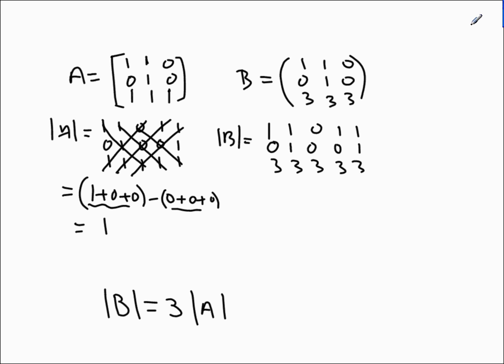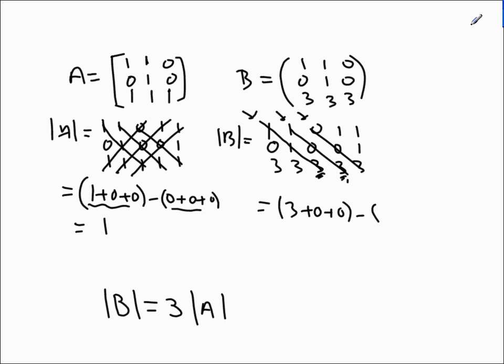Now, if you think about it, in every product, instead of multiplying by 1, we're multiplying by 3. Of course we're going to get 3 times as much. The first diagonal gave me 3, the second one is 0, and the third one is 0.